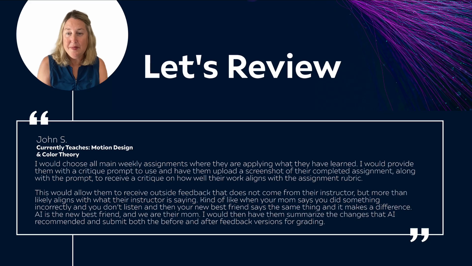I would then have them summarize the changes that AI recommended and submit both the before and after feedback version for grading. How smart is that? Using AI to assist in the critique as a second form of feedback. Fantastic work, John.